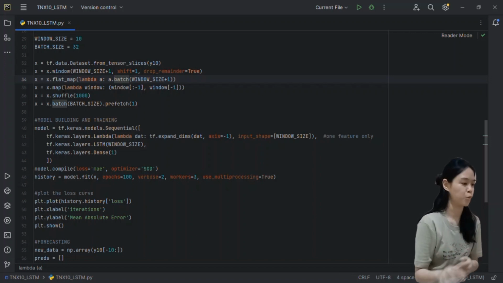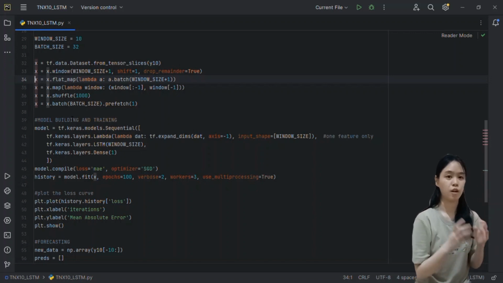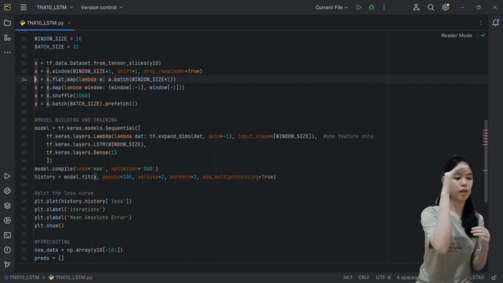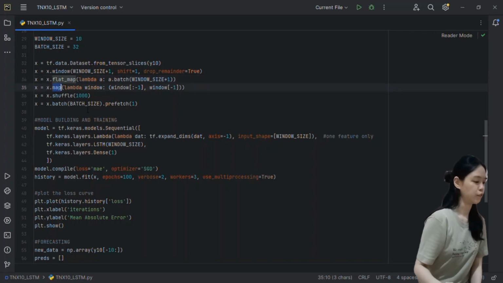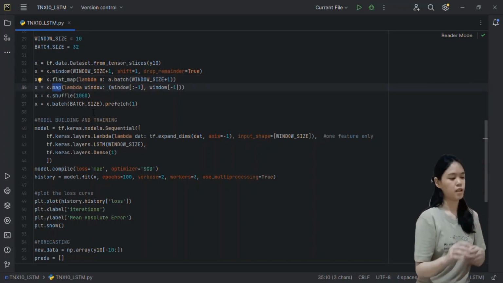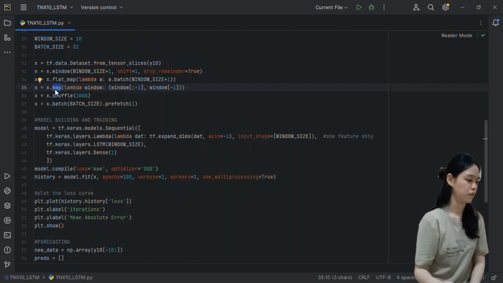So what we get from this line is a dataset with several rows. Okay, and then the next thing is where we separate the input from the output.